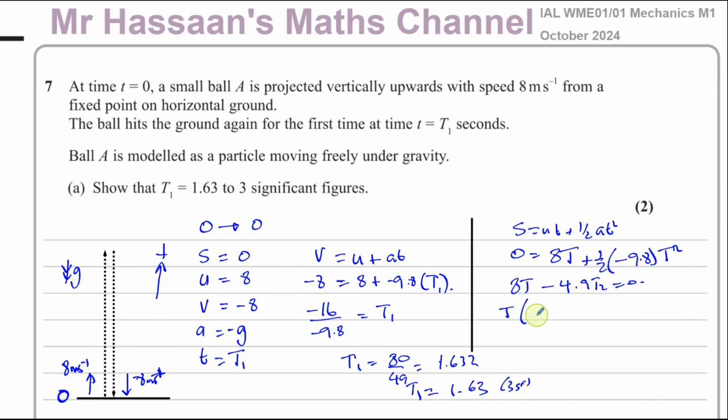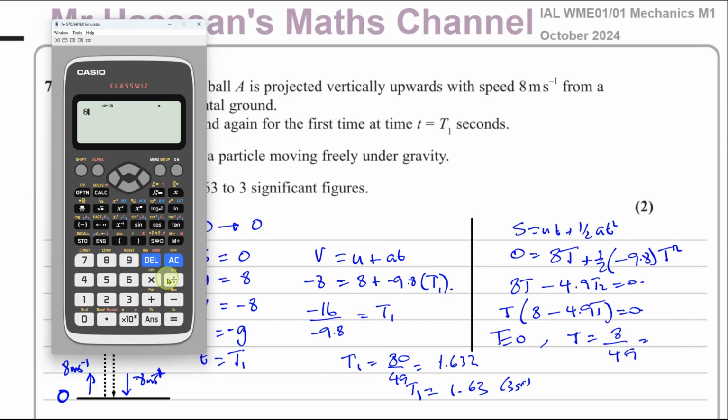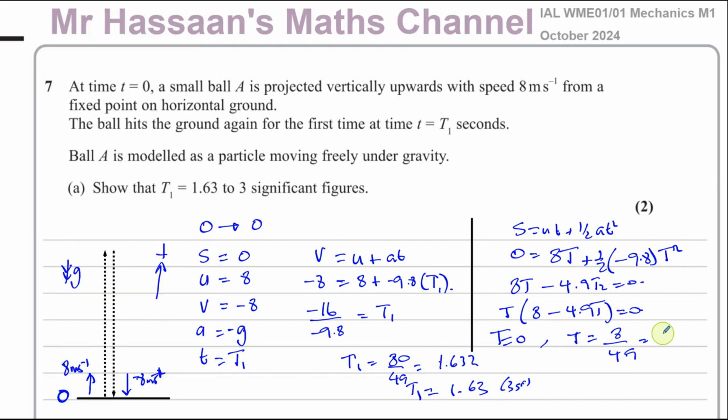So you got t, and then you have 8 minus 4.9 t is equal to 0. So t equals 0, or you end up with t equals 8 over 4.9, and 8 over 4.9 is exactly what we just worked out, I think. 80 over 49, which gives us 1.63.